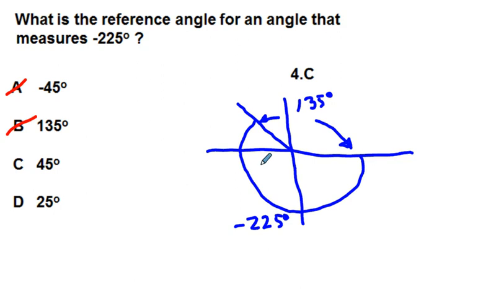And so either way you look at it, if you take 225 degrees minus 180, you're going to get 45 degrees. 135 degrees plus what equals 180? Because we're at 180 over here. So yeah, our reference angle is going to be 45 degrees. Okay, next.